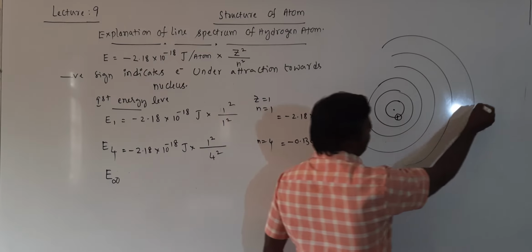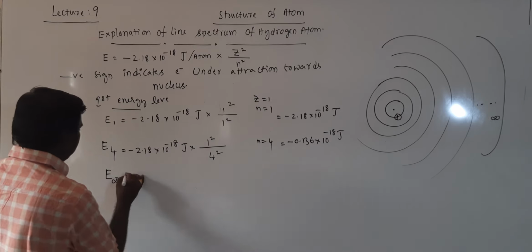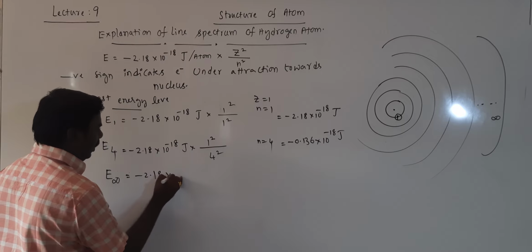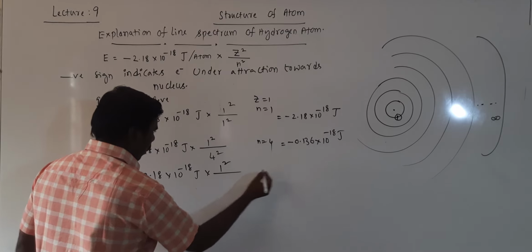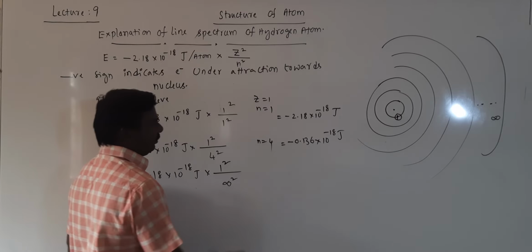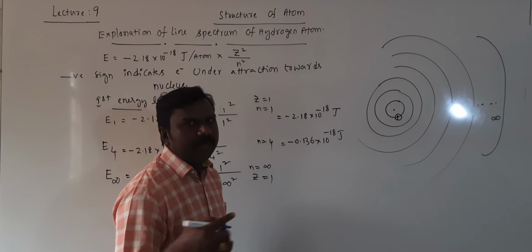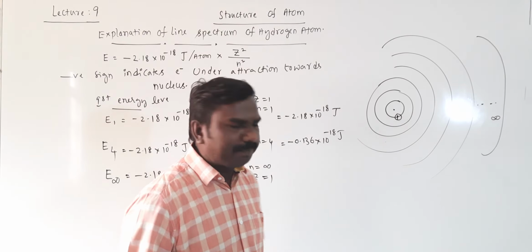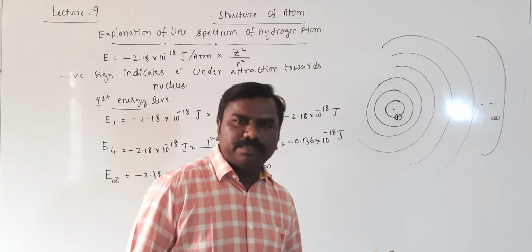It means 6, 7, 8, 9. The last one is the infinite orbit. For that the energy is minus 2.18 into 10 to the power of minus 18 joules into 1 square by infinite square, where n equal to infinite, Z equal to 1, because Z means atomic number of hydrogen atom. So 1 by infinite, something by infinite will be 0.